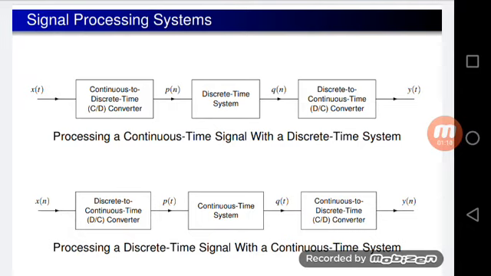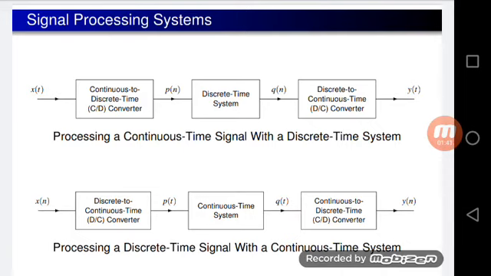In the discrete time system, the signal has already been converted from continuous to discrete. With the help of the discrete time system, it then transmits to the next converter, which converts the discrete to continuous time signal by using a D by C converter.